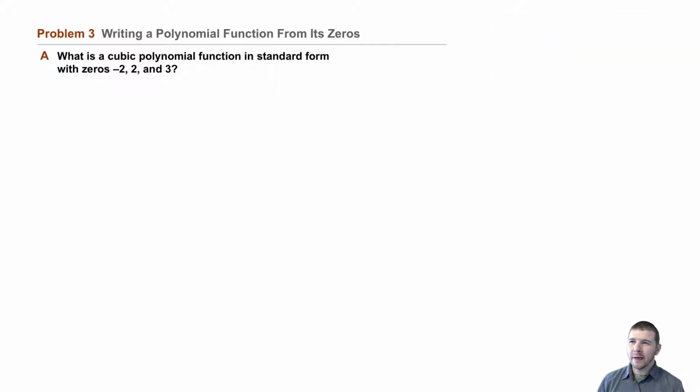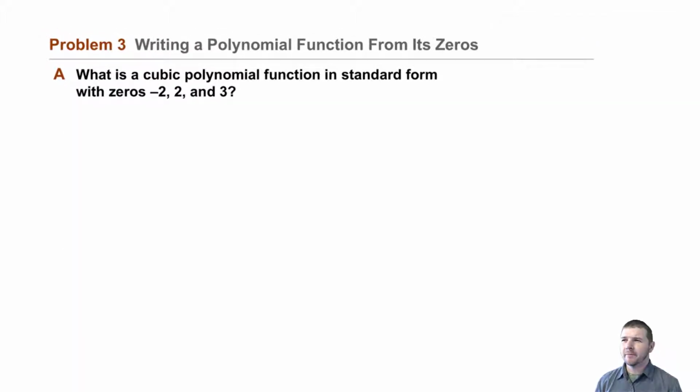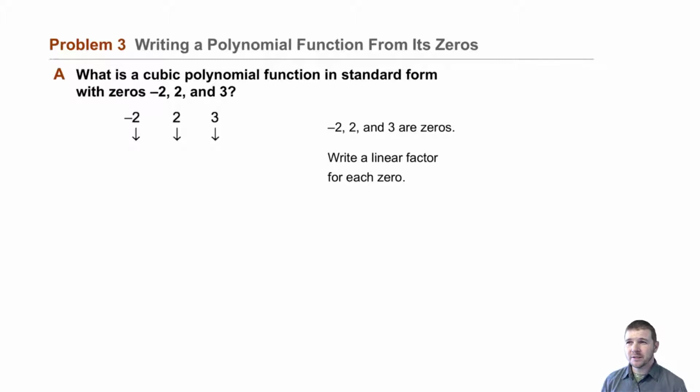Problem 3. Writing a polynomial function from its zeros. Part A. What is a cubic polynomial function in standard form with zeros -2, 2, and 3? Well, first we note that -2, 2, and 3 are zeros, so we can begin to write the function. f of x equals the product of three binomials, each one of the binomials the result of an individual zero.